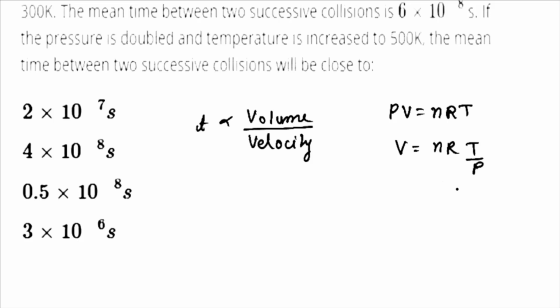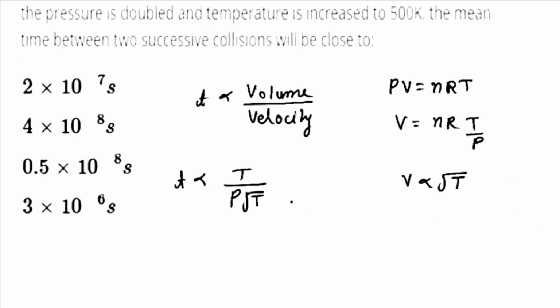And if I talk about the velocity, then we know that the velocity is proportional to under root of temperature, right? So we can just put the values of volume and velocity. So I will write mean time is directly proportional to T by P into under root T. So you could see the mean time is directly proportional to under root T by P.